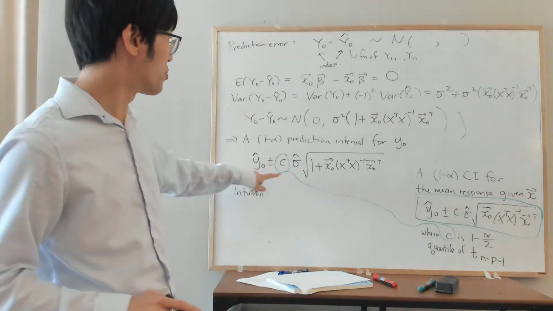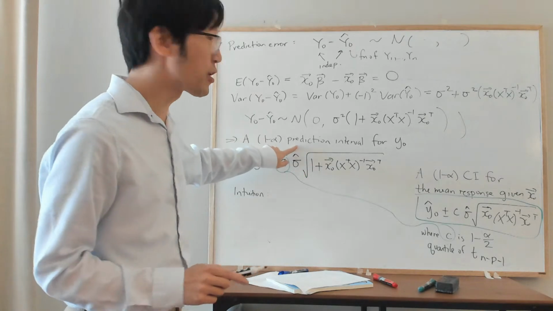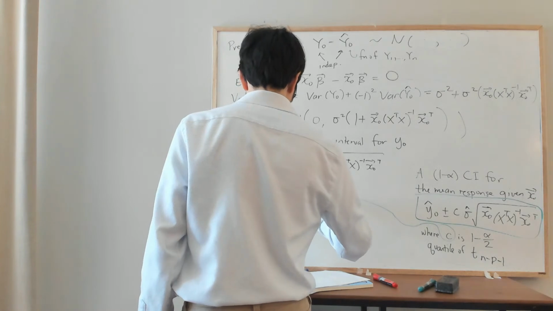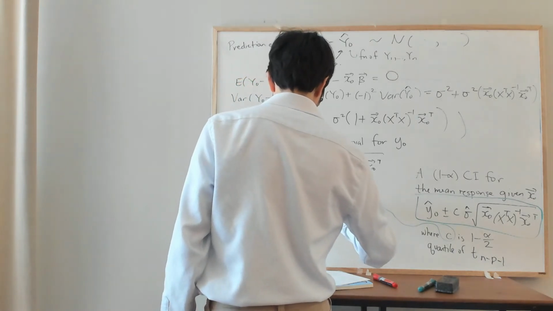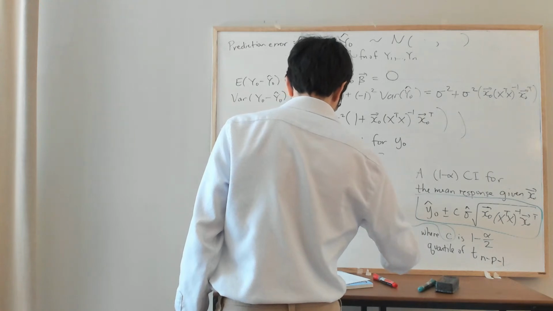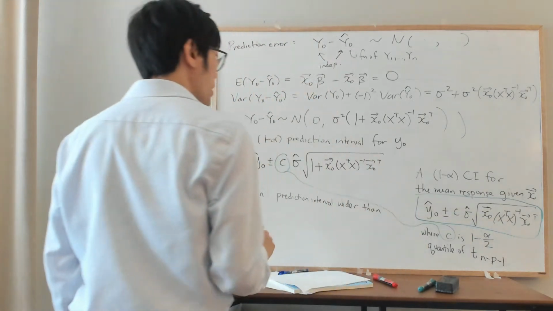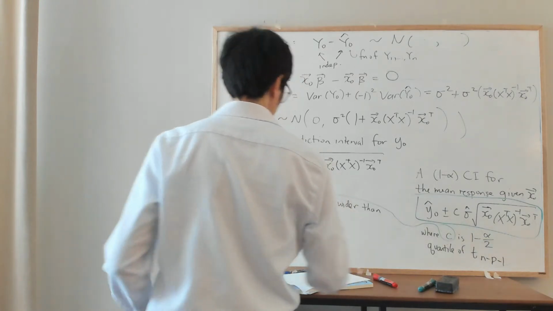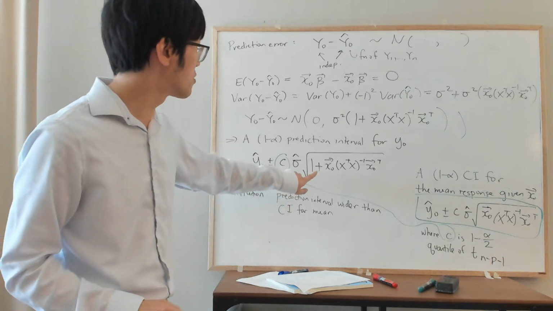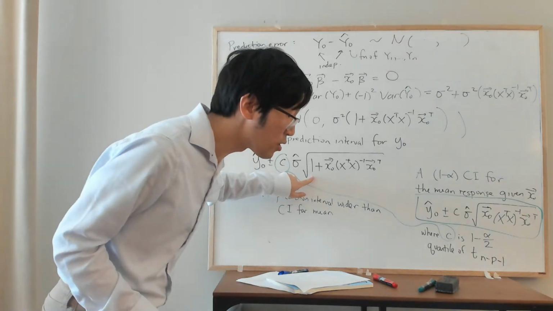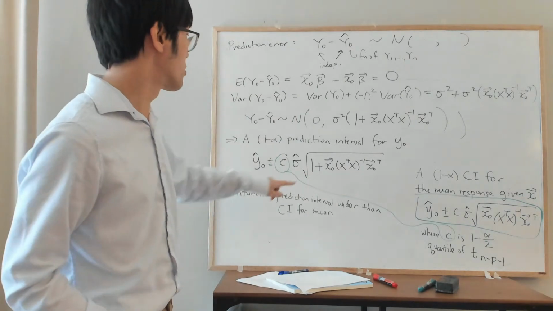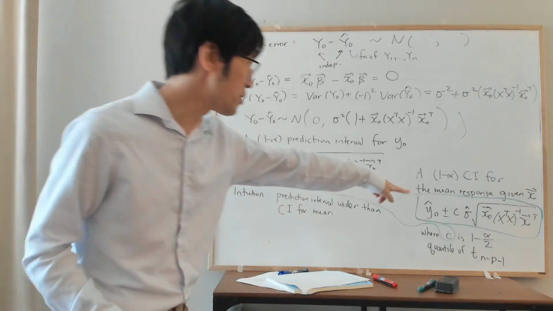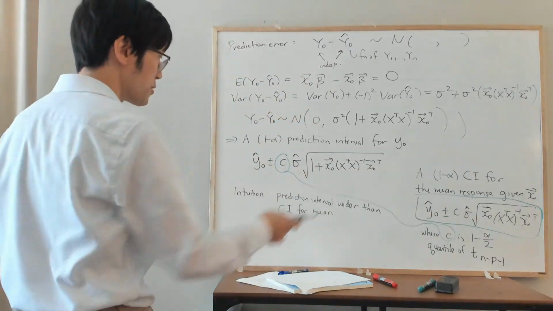The difference is that the prediction interval is wider than this confidence interval for the mean. We see that because there's this extra 1 plus term here. So this is strictly wider than this confidence interval over here. Everything else is the same.